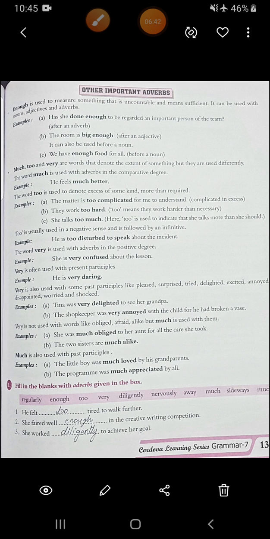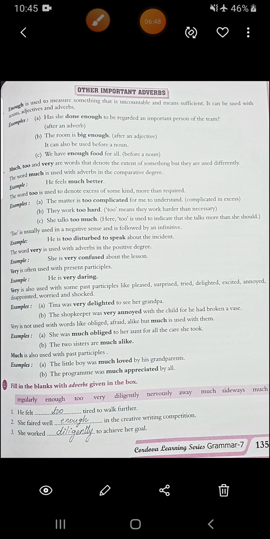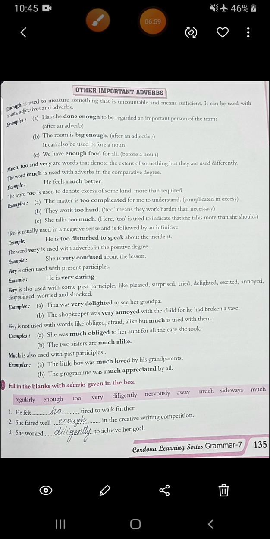Alright. Then the word very is used with adverbs in the positive degree. She is very confused about the lesson, means we know that very is used with the adverbs in the positive degree. I hope you remember that much is used in comparative degree. So same way in positive degree very is used.